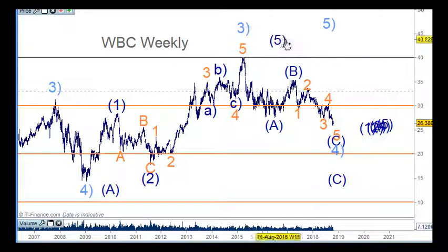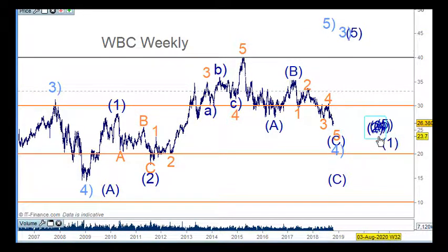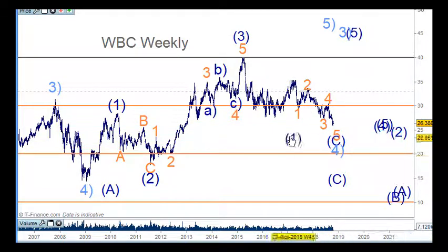If I can grab a wave 3 here, with 1, 2 and 3 here. But you can see that if we call this wave 4, then it has overlapped wave 1. So realistically, we've either got to have a top in place here, or this is a B wave, and then we'll be coming down here for 5 waves.